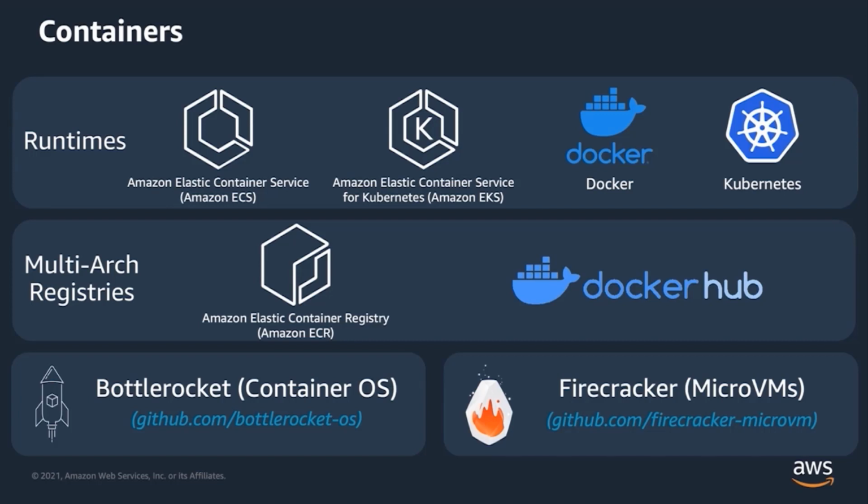You can even run them side by side with x86 instances, making it very easy to start adding Graviton to your existing container workloads. And then, of course, ECR, the Elastic Container Registry, has support for multi-architecture images, as does Docker Hub, making it extremely easy and straightforward to add an additional architecture to your development workflow.